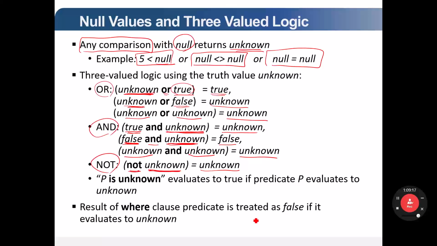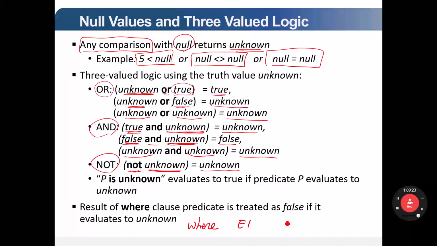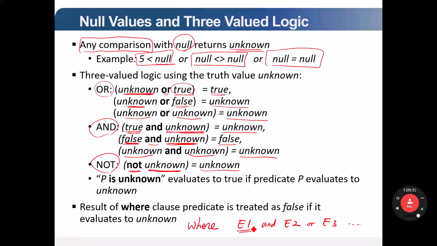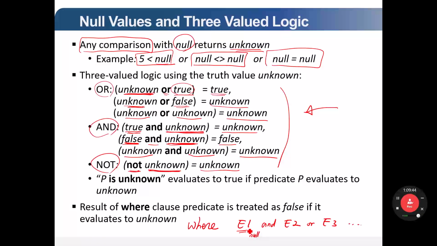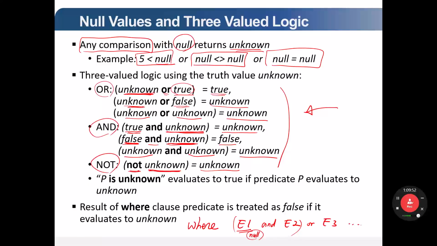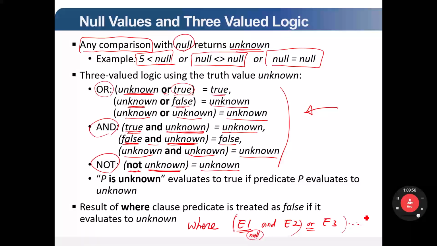And so let's suppose we have a where predicate and expression 1, expression 2, expression 3, and so on, and some of them are OR and so on. While we are evaluating each expression, we consider these logics and return null values as the output for some operators, and for the next level operator we again get null as we treat null as unknown value and generate the output for the next level operator, and so on.